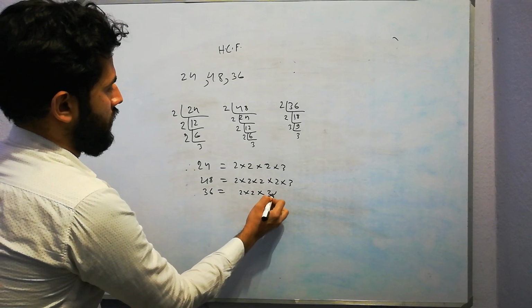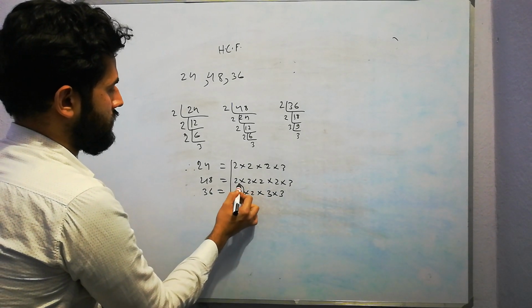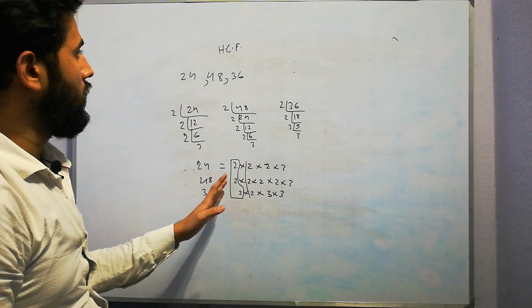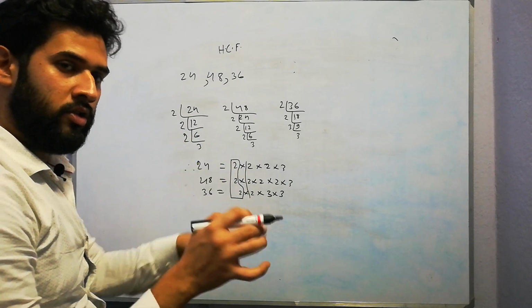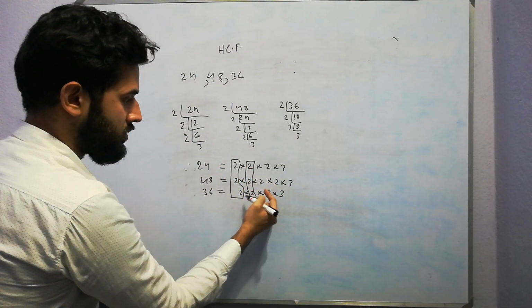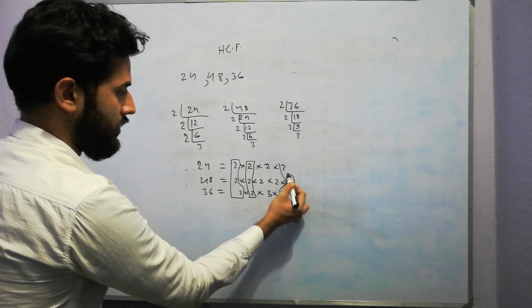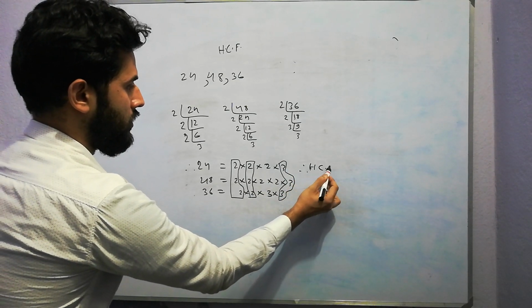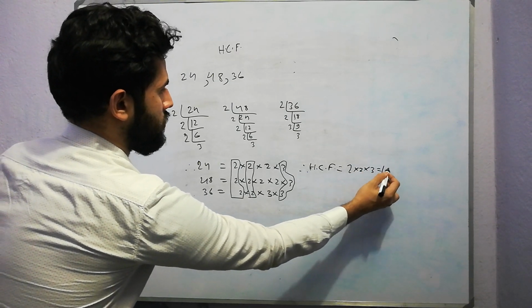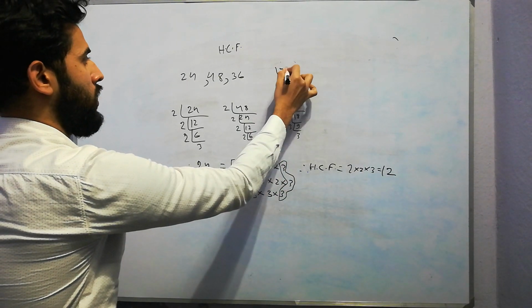Now 2, 2, 3, 3. Again, all has to go common. In HCF, all has to go common. If one does not go common, we'll stop there. This 2 will not be taken, because all has to be common. Thus 3 will be taken. So therefore, HCF becomes 2, 2 and 3. It becomes 12. So 12 is the answer.